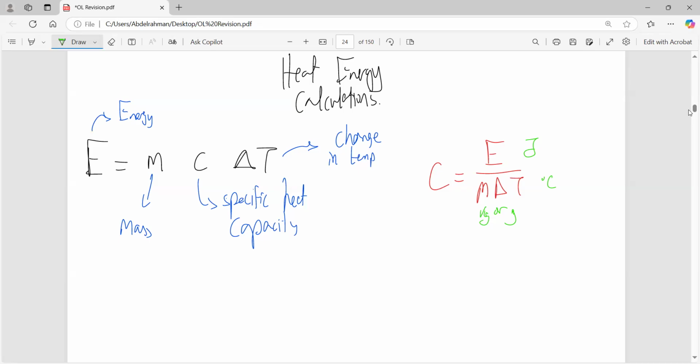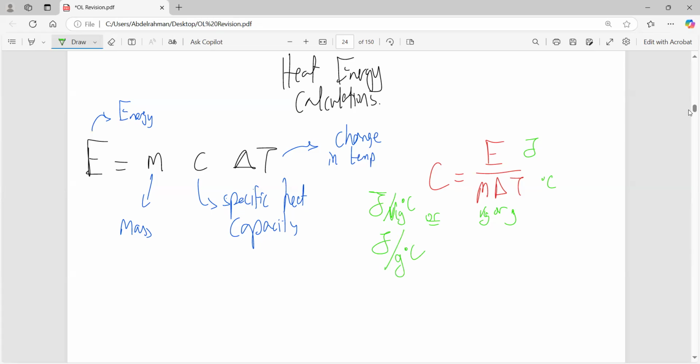From what we have, the unit of the specific heat capacity is joules per kilogram degree Celsius, or joules per gram degree Celsius.